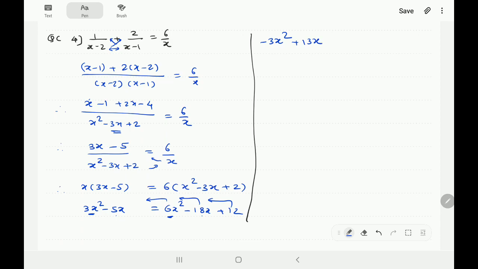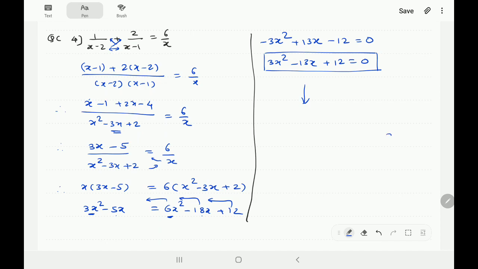And 12, I can shift here, it is going to be minus 12 equals 0. As we know, the first term should be positive, so 3x square minus 13x plus 12 equals 0. And that's the equation. You can solve this further.